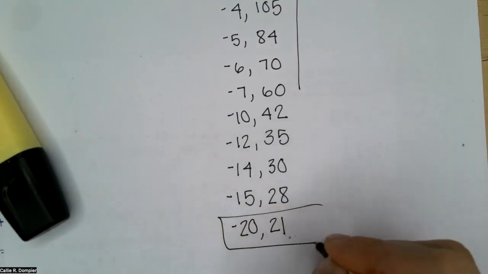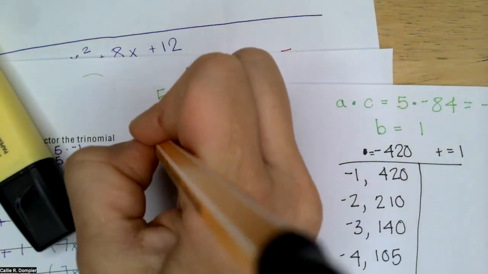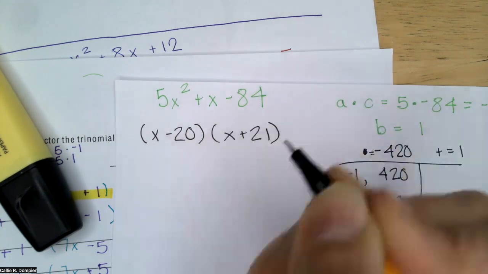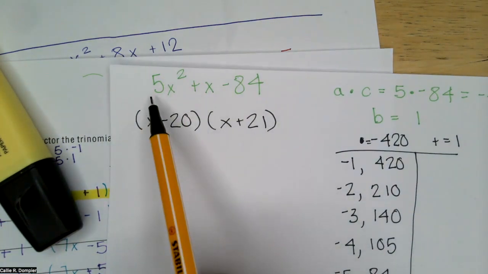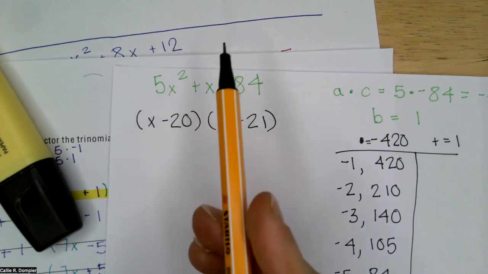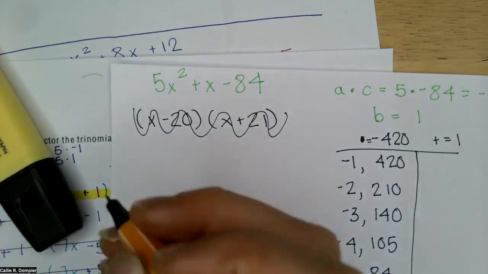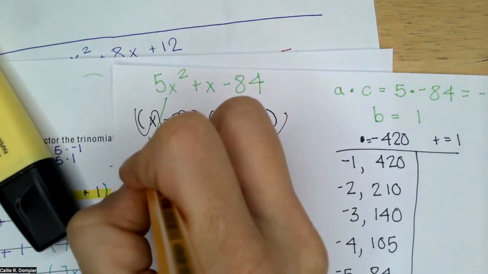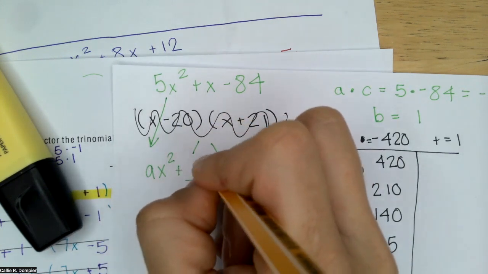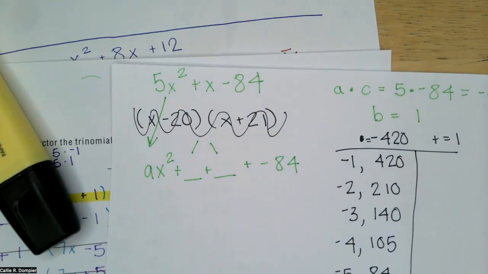So I'm going to choose negative 20 and 21. Remember, those aren't our answers. We're not just going to say x minus 20, x plus 21, because if I do x times x, I'm not going to get 5x squared, okay? So that is not what we're doing. We are instead keeping a. b becomes 2 different terms, and then we're keeping c.